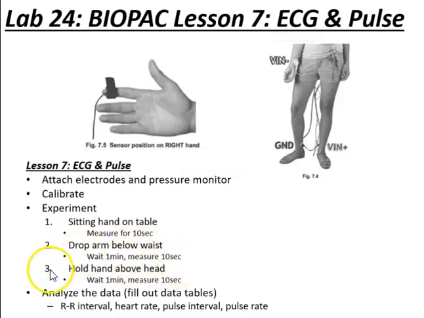Next condition, we would have the volunteer hold their hand above their head for about a minute, and then measure again for 10 seconds. We would then use the measurements and fill out the data tables to analyze the data. We would fill out the RR intervals, the heart rate, the pulse interval, and the pulse rate.